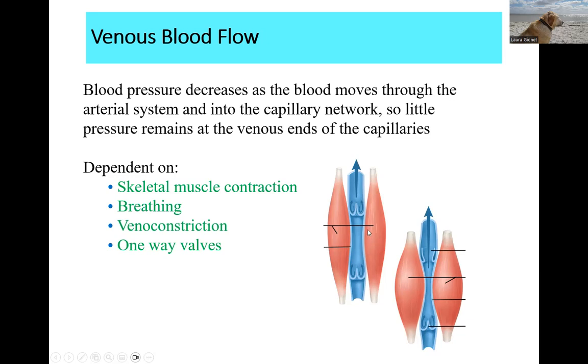Let's say these are gastrocnemius muscles. As venous blood is passing through that vein and the muscle contracts, it compresses the vein. When it pushes the blood upward, the valve below closes so the blood has only one way to go, in a forward direction, upward, until the muscle relaxes.